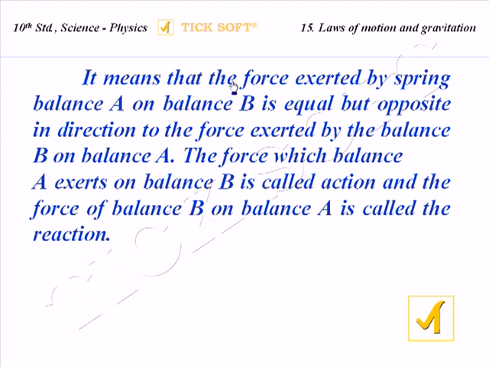It means that the force exerted by spring balance A on balance B is equal but opposite in direction to the force exerted by balance B on A, because of the third law.